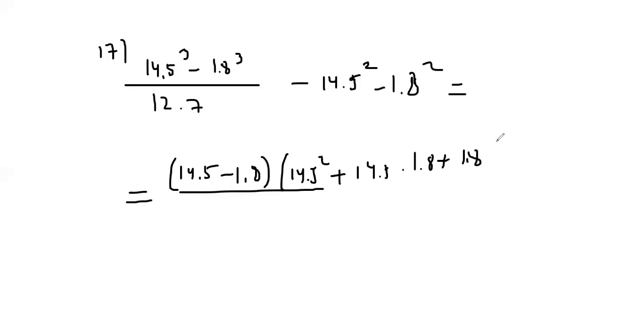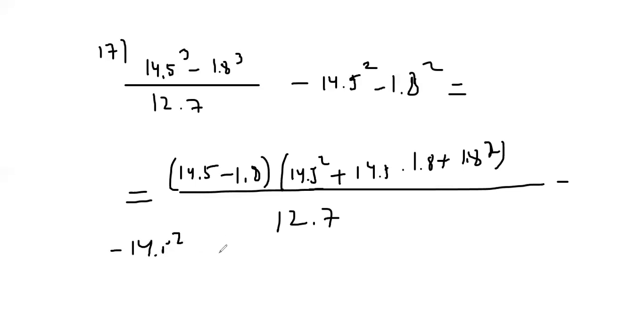It's what we call an incomplete square. So divided by 12.7 minus these expressions, which are 14.5 squared minus 1.8 squared. It's equal. So 14.5 minus 1.8 is going to be 12.7, which obviously is cancelled with these.